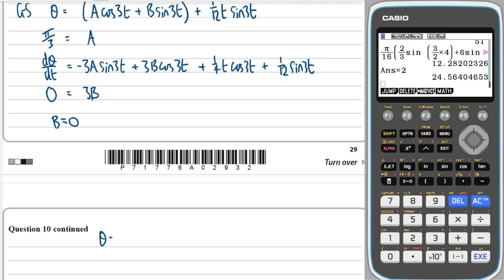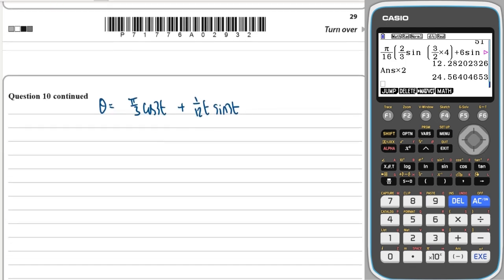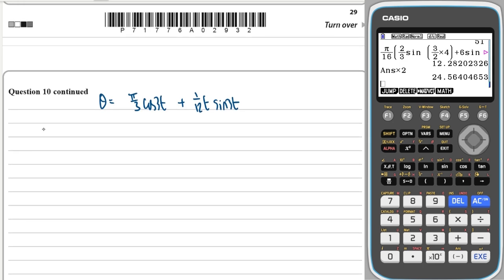Okay, so our new particular solution will be when a is pi over 3, b is 0, so that cancels, and we also have 1/12 t sine 3t. And the question asks us to find the angle when t was equal to 10. So I'll just sub in 10 here, like this.